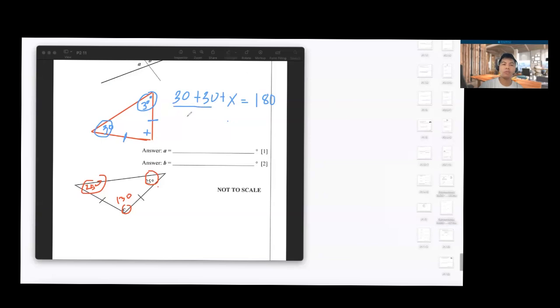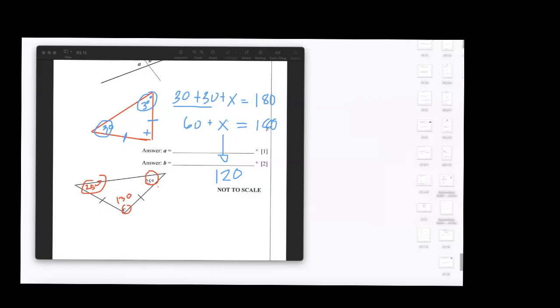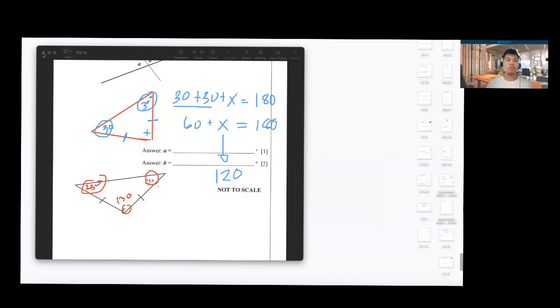So these two are 60 when you combine them, plus X equals 180. So what is X? It must be 120, right? So you get that, Wanda? Yeah. So we'll move to the next problem.